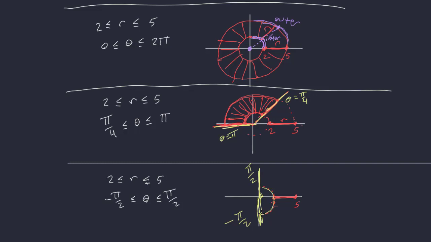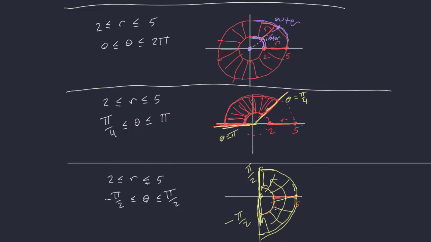So you're always going, well, what we're typically always doing when we're looking at polar coordinates is we want the angles to always go counterclockwise, okay, in the positive orientation if we can help it.